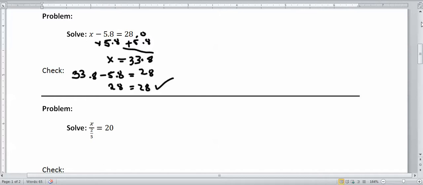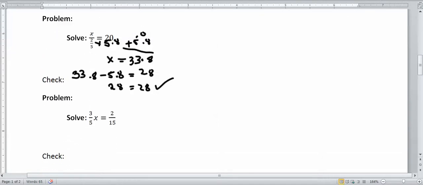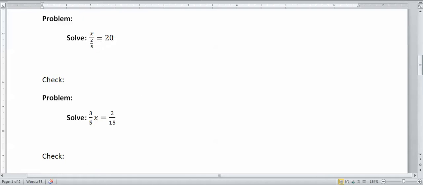For my next example, we're going to be dealing with division. So in order to get the x by itself, I'm dividing this x by a fraction, 2/5. Okay, so I have to multiply it by that same fraction, 2/5, in order to get rid of it off the bottom.